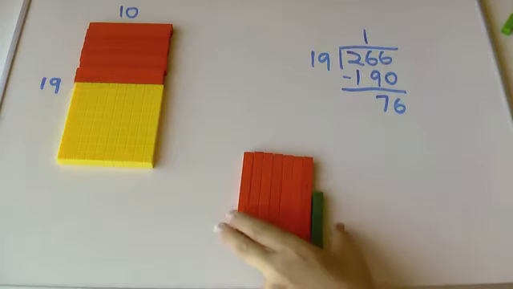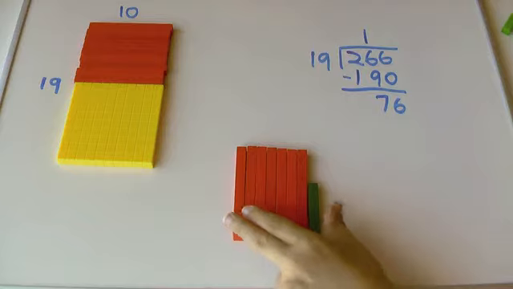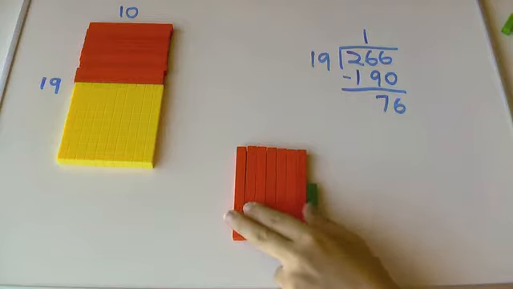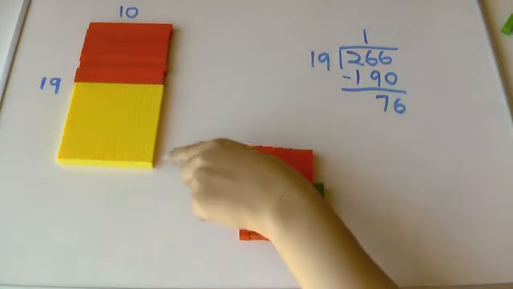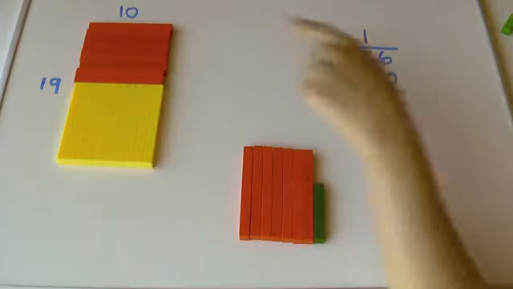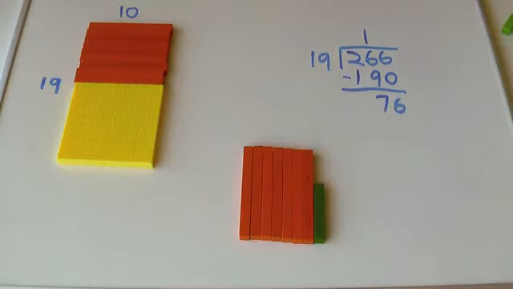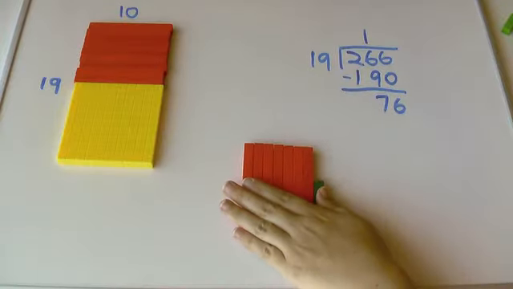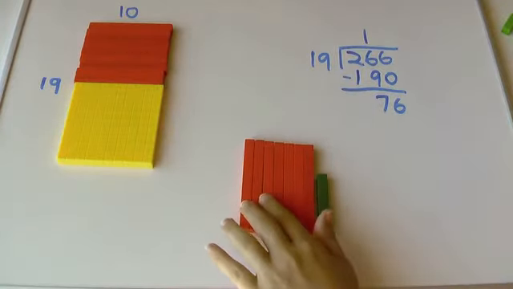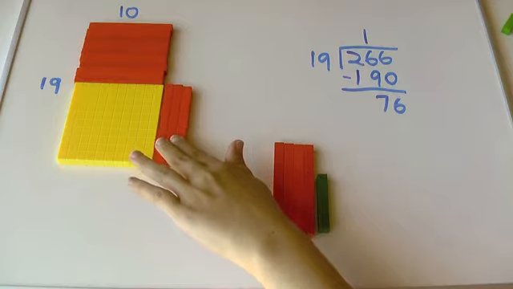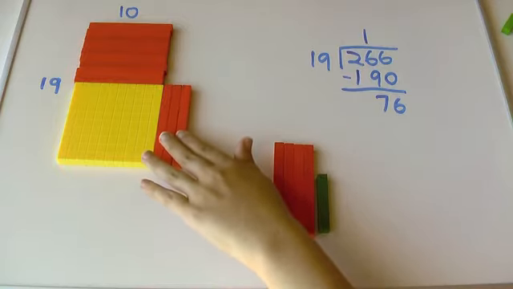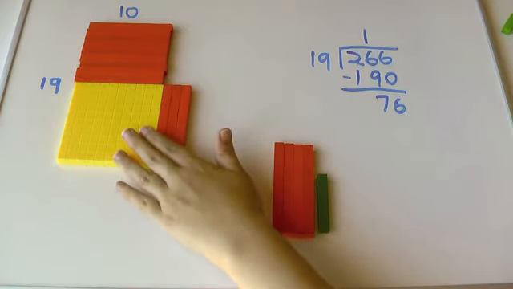And so now I need to make a rectangle with 76 and 19 on one side and something on the other. So here's where it gets a little bit tricky. With the Cuisenaire rods, I'm just going to make a guess here. Let's say I guess that I'm going to go over 3 10s.